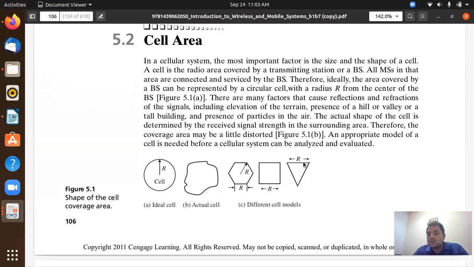Radio communication takes place between the mobile station and the base station. The base station allocates the necessary resources for proper communication between mobile station and base station and between mobile station and mobile station.